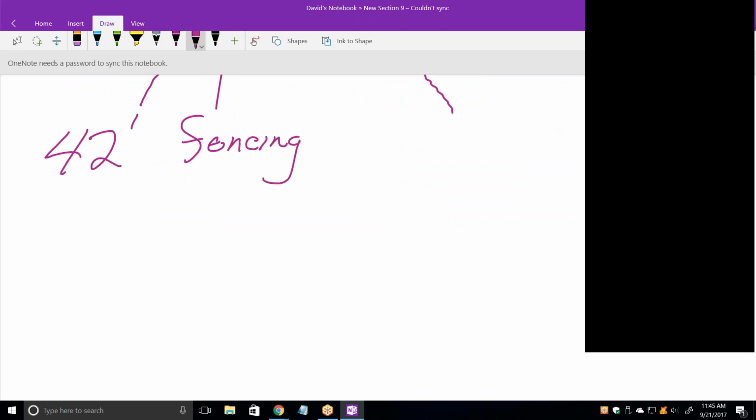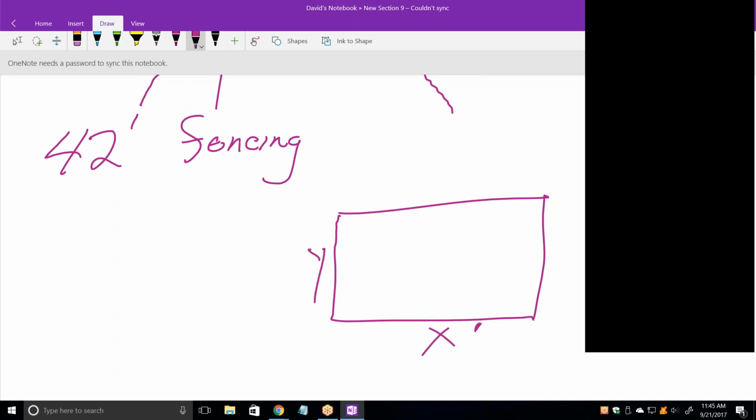We're talking about a rectangle that is X feet long, right? Let's call the vertical measurement Y. What's the area equal to? Area is equal to Y times X, right? Just not squared, just X times Y.